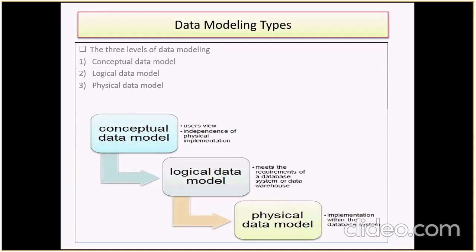The logical data model meets the requirements of a database system or a data warehouse, with all the details as much as we can. Third is the physical data model, which is implemented within a database system. That is the actual implementation in the database with all the data types and all tables.